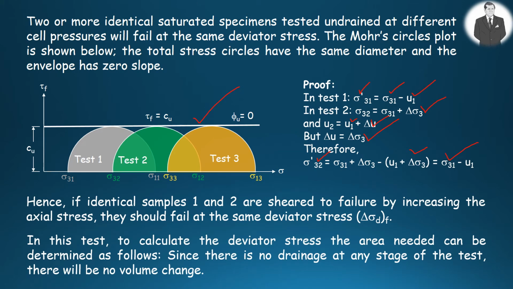In this test, for the calculation of deviator stress, we need the cross-sectional area of the soil sample. Since there is no drainage at any stage of the test, there will be no volume change.